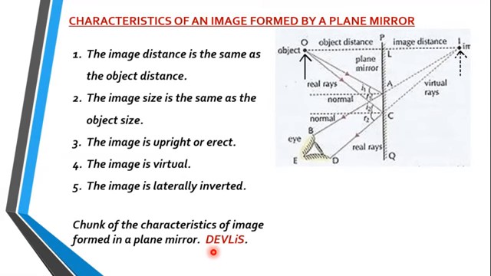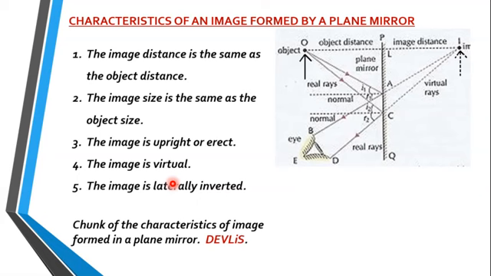So, the chunk is DEVILISH. And what does it mean? D is for distance. So when you remember D, you're talking about the image distance being the same as the object distance. E means erect or upright.